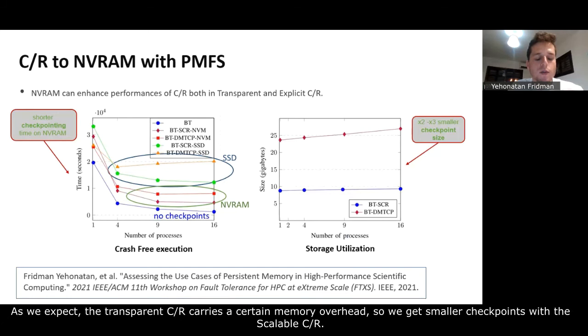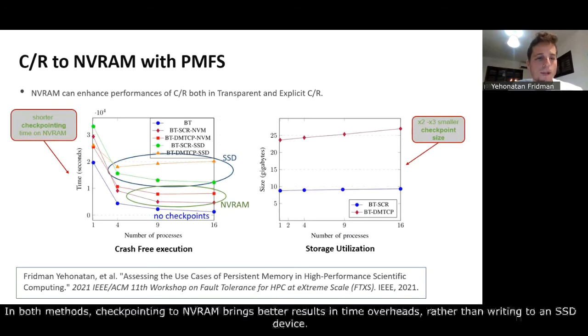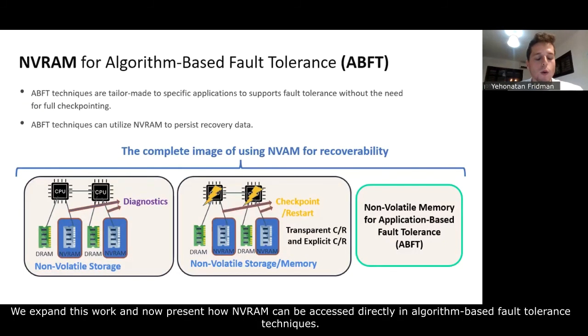As we expect, the transparent checkpoint restart carries a certain memory overhead, so we get smaller checkpoints with the scalable checkpoint restart library. In both methods, checkpointing to NVRAM brings better results in time overheads rather than writing to an SSD device. We expand this work and now present how NVRAM can be accessed directly in algorithm-based fault tolerance techniques.